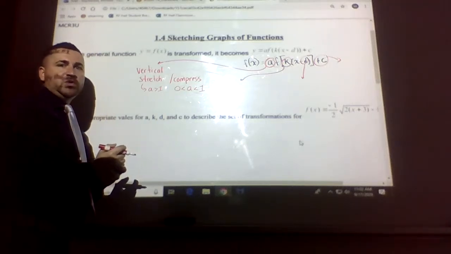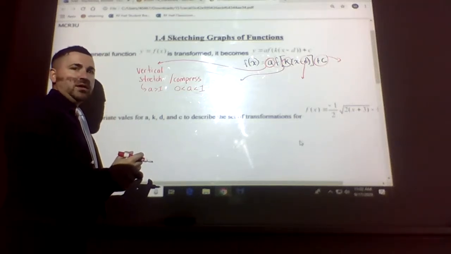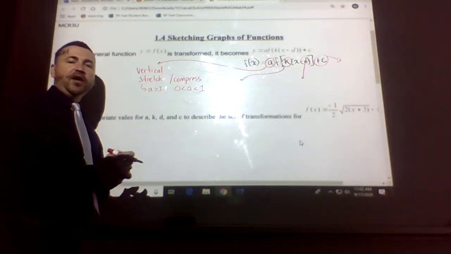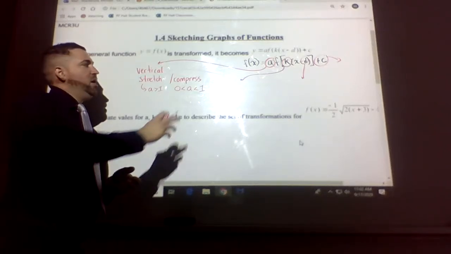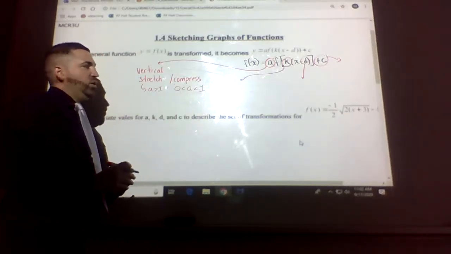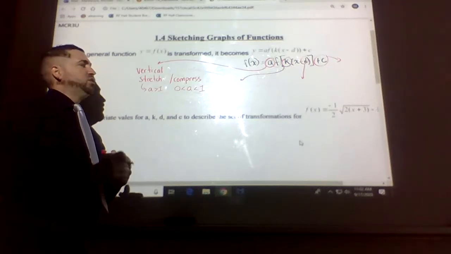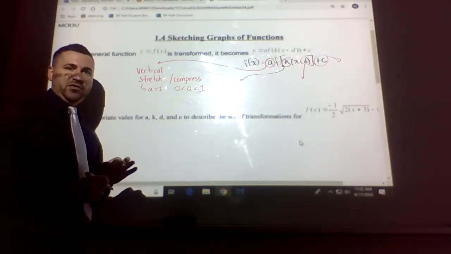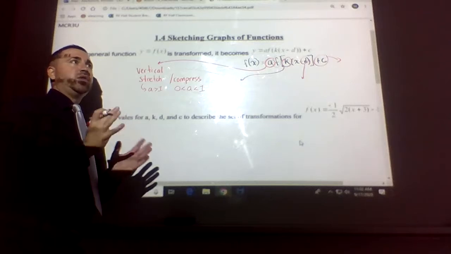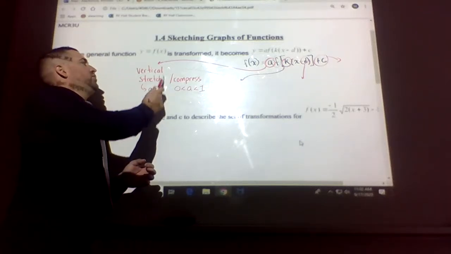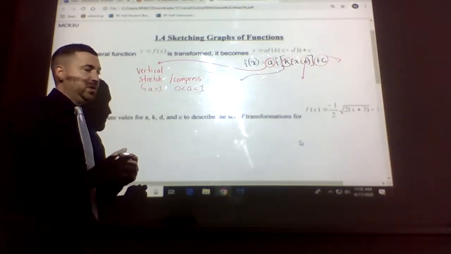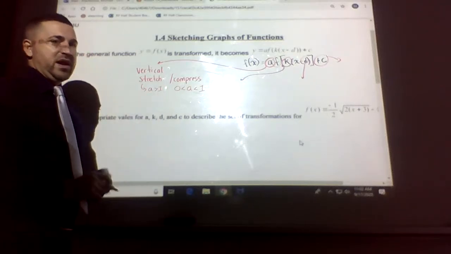So any number between 0 and 1, so 0.3, 0.25, 0.5, 0.75, and so on. You notice there aren't any negatives here. We're just looking at the number itself. So even if it's a negative 3, the 3 creates the stretch. So vertical stretch or compress.